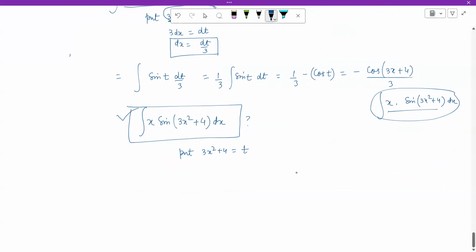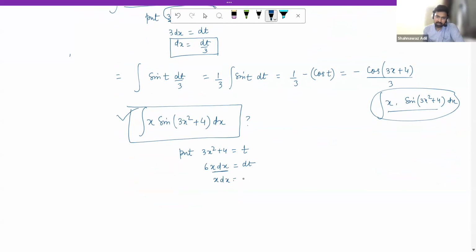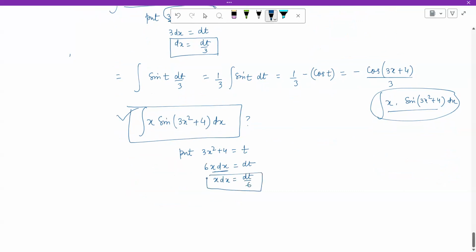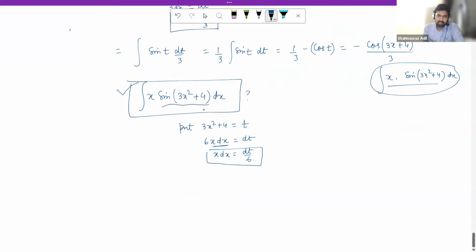Then dt would be 6x dx. So x dx you can put as dt by 6, right? So this thing is sine t, and then x dx becomes dt by 6.